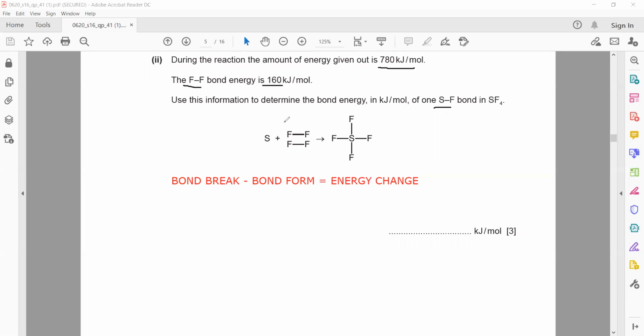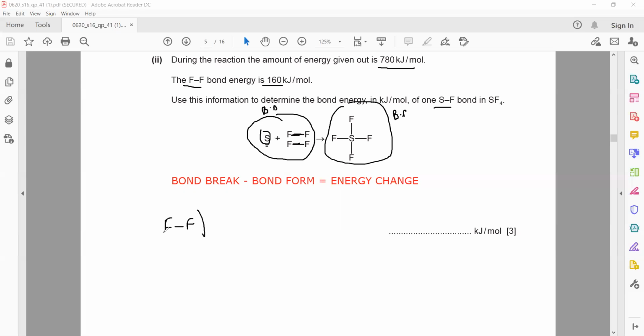First, the reactant side is the bond breaking side, and the product side is the bond forming side. So for bond breaking, here there's a sulfur atom. The sulfur atom does not have any bond, so there is no bond breaking for sulfur. But we are breaking fluorine bonds, and how many? We are breaking 2 fluorine bonds.